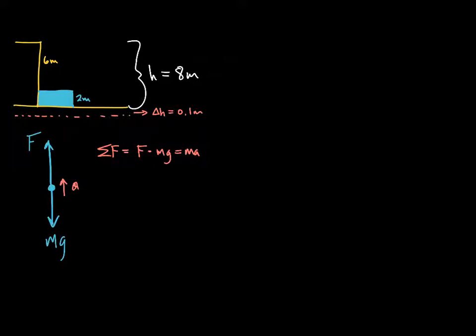But let's figure out a thing or two about this. So it is the case that this height would equal 1/2 gt squared. We could get this from that displacement triangle that we dealt with. The reason for that is it starts at 0 speed up.